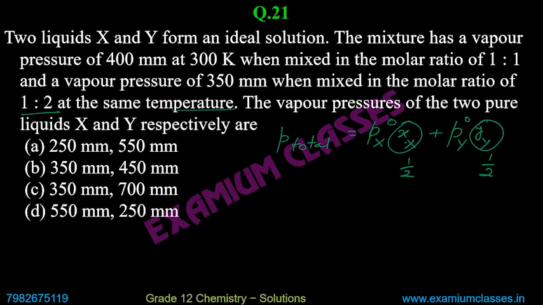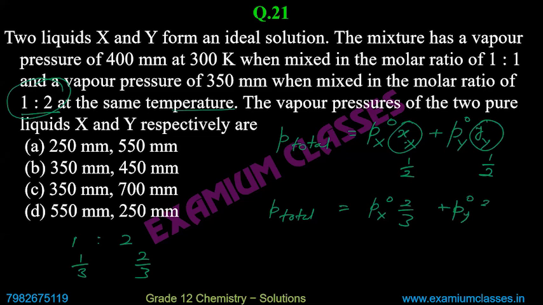And in another case, P total will be P_X naught times... 1:2 means total 3. So 1 by 3, 2 by 3. Pure values are given, and you don't even need to solve it. That's what I am saying again and again. You don't need to solve, just use the values and get the answer.